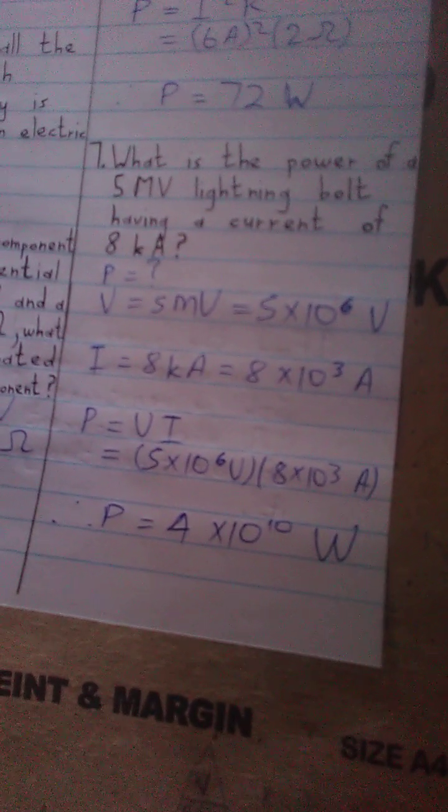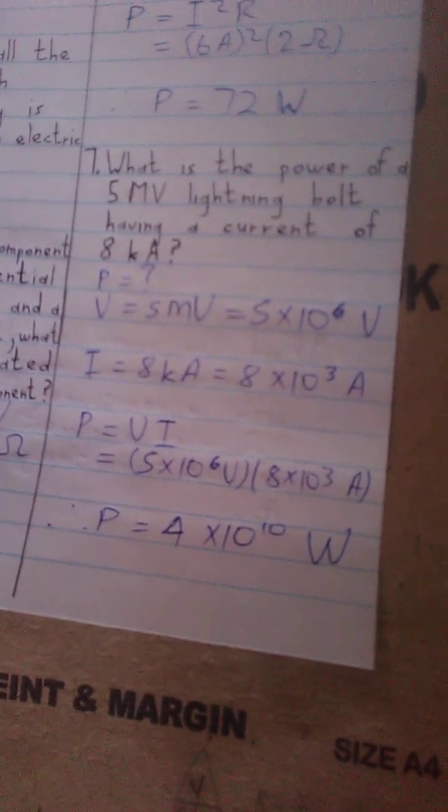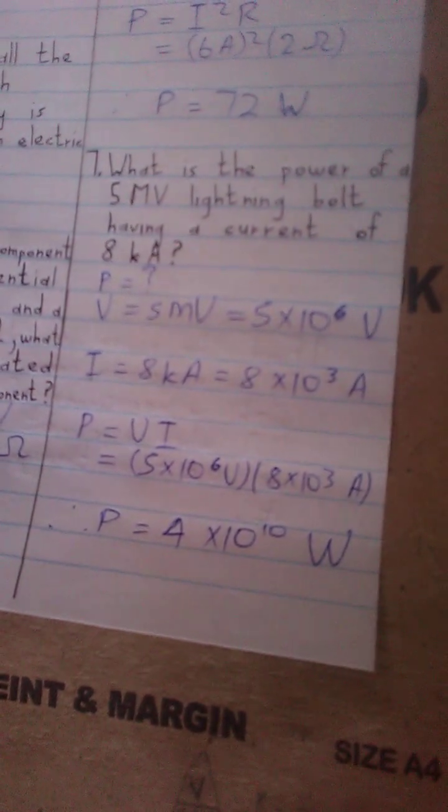Four times 10 to the power of 10. So power is 4 times 10 to the power of 10 watts. Or you can write it as P is 40 gigawatts. It's still fine.